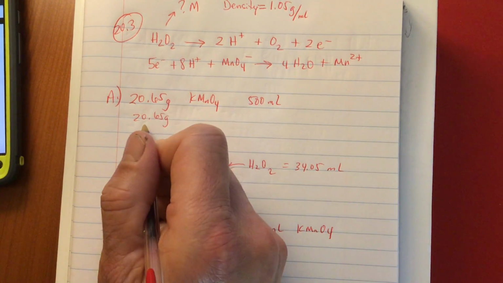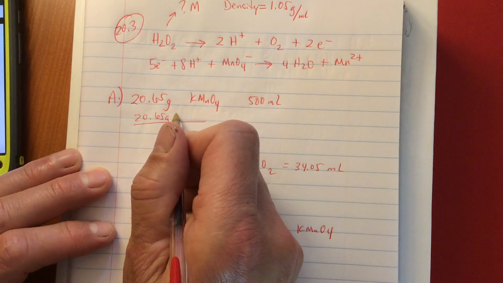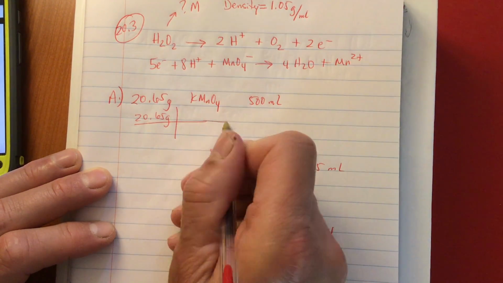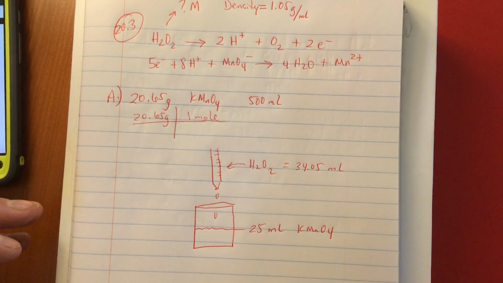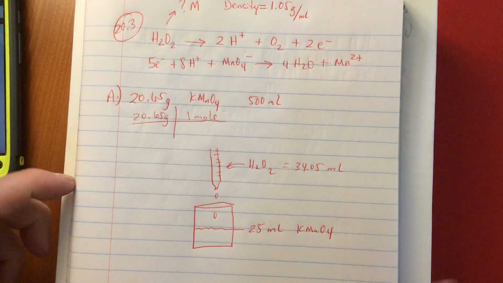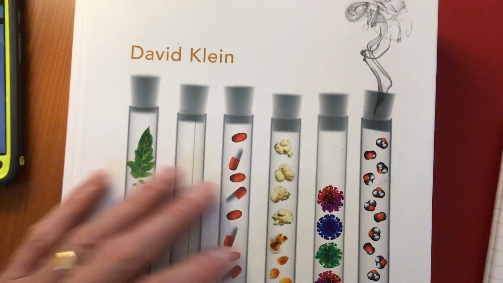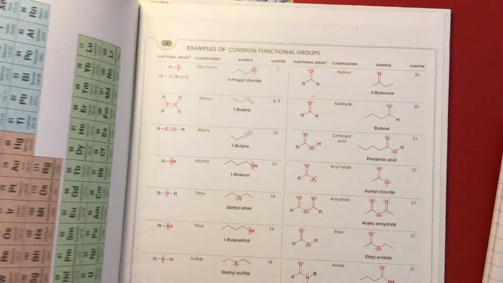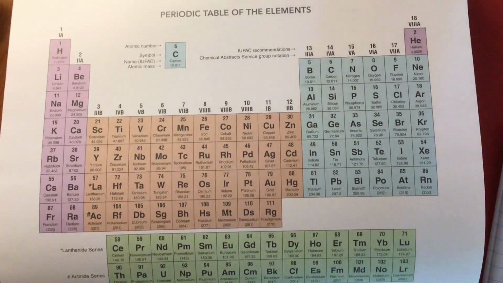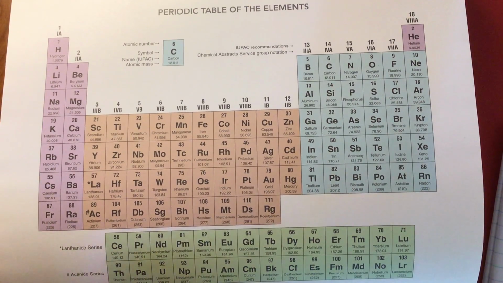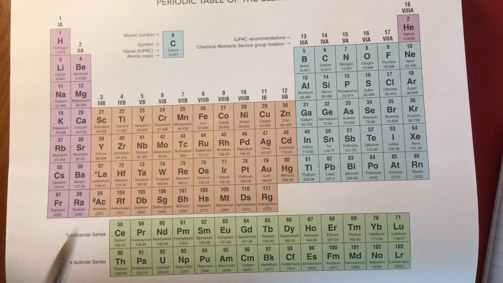So 20.65 grams of potassium permanganate, 1 mole of potassium permanganate. That I do not know. So let's use the periodic table here to figure that out. Alright, so we have a potassium at 39.1.